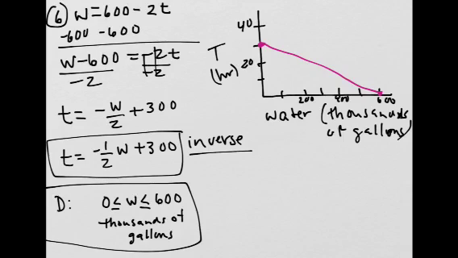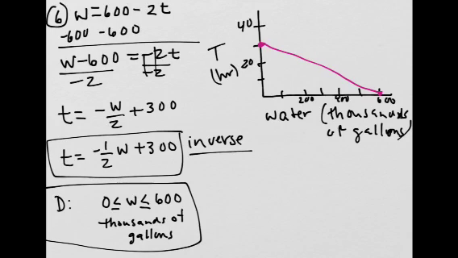So how you read this is, if there were 600,000 gallons of water in the pool, that means that you haven't drained it at all. You've spent 0 hours draining it. But when there's 0 gallons of water in the pool, that means that the time you've been draining it has been 30 hours. And like 200 gallons would be about 20 hours. 400 gallons would be about 10 hours. Like that.